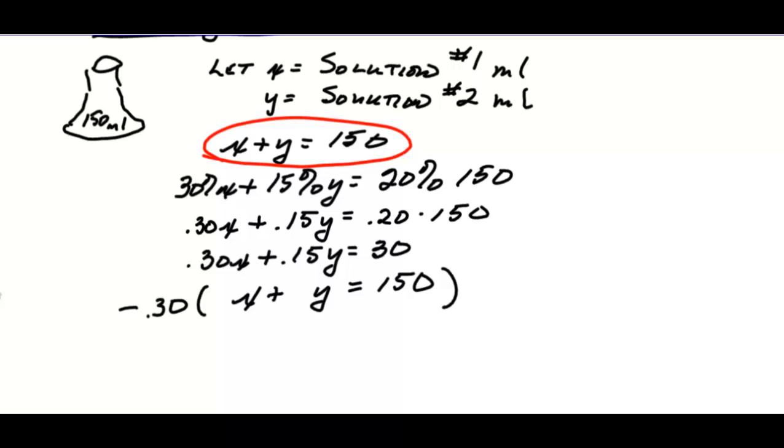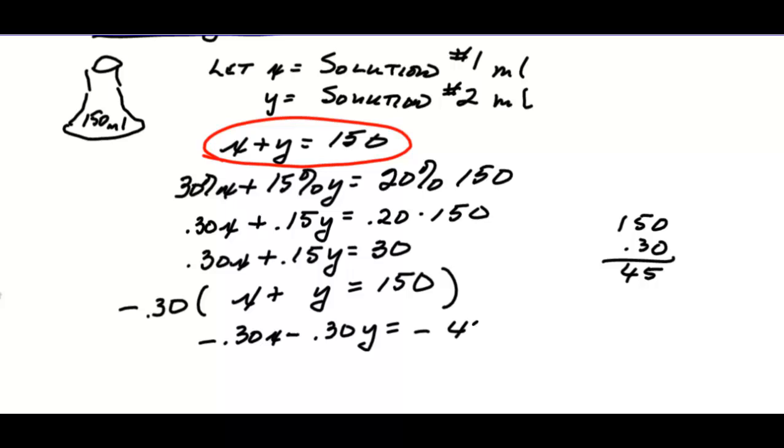0.30, because what you end up with then is a negative 0.30X, not plus, but now it's going to become minus 0.30Y equals, and if you take 150 times 0.30, what you're going to get is 45, and that's going to be a negative 45.